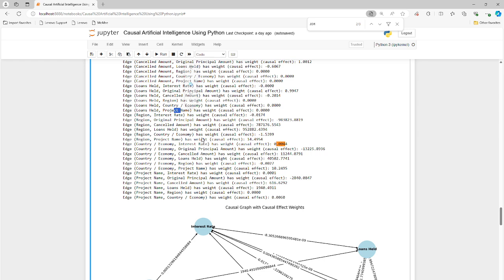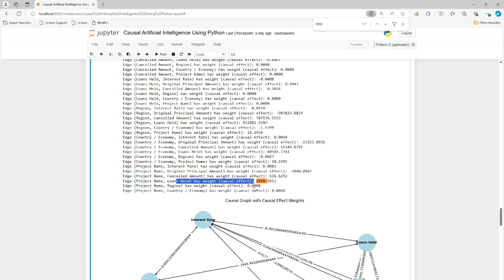Let me search for it. Oh, project name to loans held. Okay, so now we're going the reverse way. Project name to loans held. The causal effect is 1940. So that's a pretty strong effect between the project name and the loans held rate. 1940, you can see that kind of in the middle there.